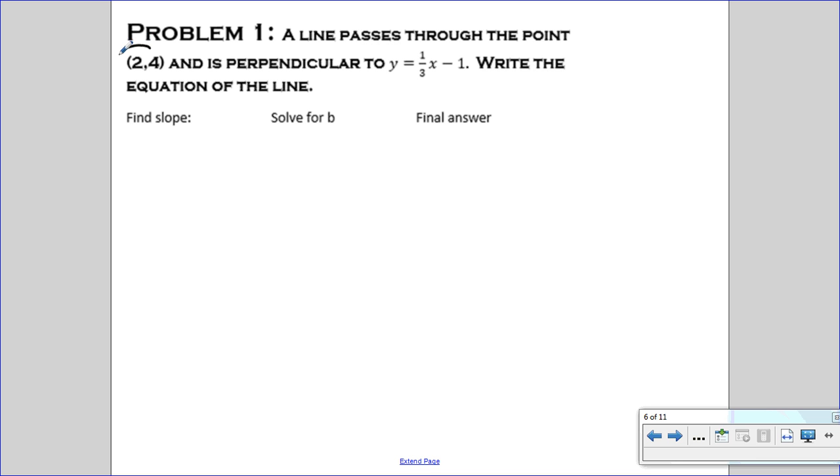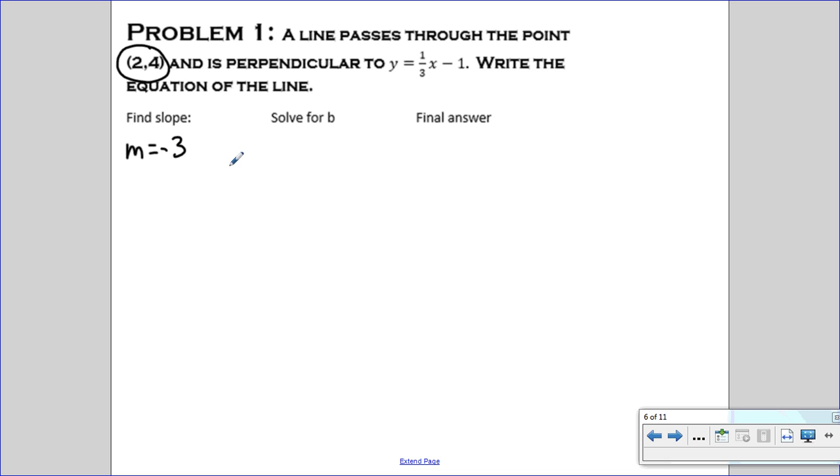We are given the 1 point right here. Okay, we need to find the slope. So the slope of our current line is 1/3. That means the slope of our new line is going to be the opposite reciprocal. The reciprocal is 3/1, or just 3. And since this was positive before, it is now negative.